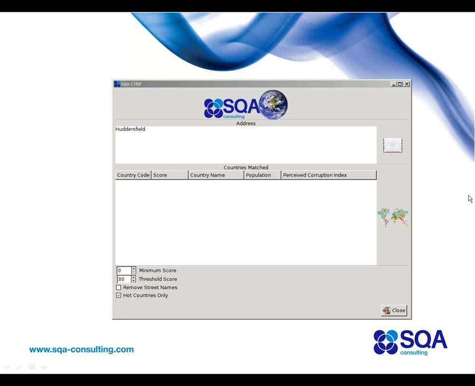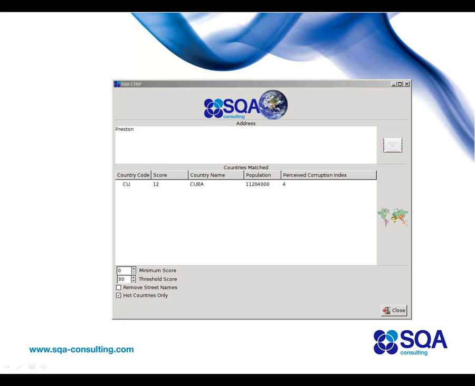Let's test another one. Let's put in Preston, and obviously Preston is in England and also in Cuba. And here we come across a little problem that some place names exist in many countries. Now, are there many of these? Well, quite a few.